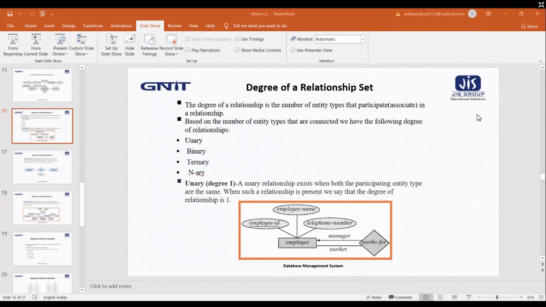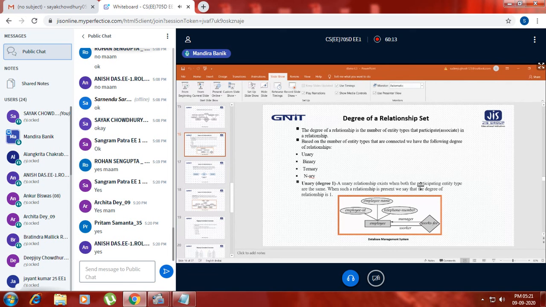I think today we have already covered enough, so I will continue in the next class, because if I give so many resources in a single day, you may not take them in. Should I continue or should I stop? What is your suggestion? I have no problem. Are you ready to take more, or should I stop?